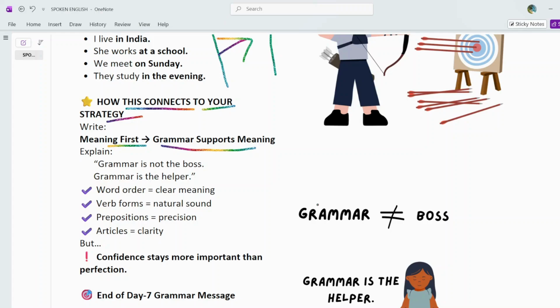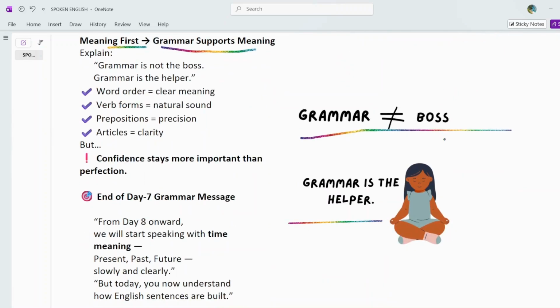I do understand it is partially correct that you have to be strong in grammar, but my dear friends, grammar is not the boss of English. These are patterns that we are using, and grammar is a helper, it is not the boss.